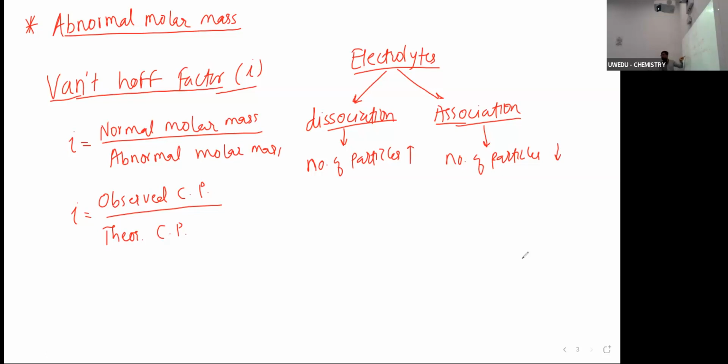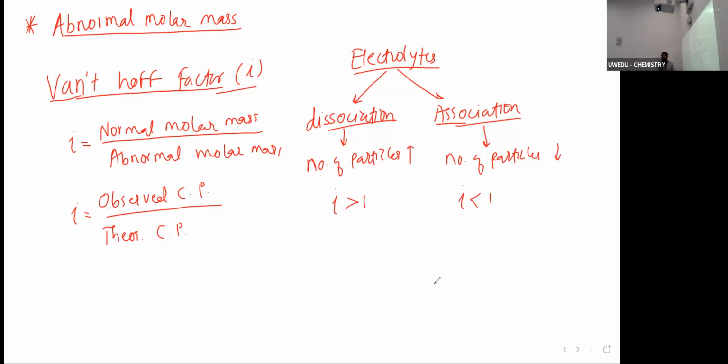Normal molar mass of NaCl is 58.5. So 58.5 by 29.25 will be 2. So i value is 2. When there is dissociation, i value is greater than 1, and when there is association, i value is less than 1.